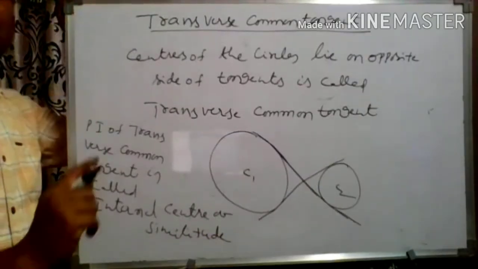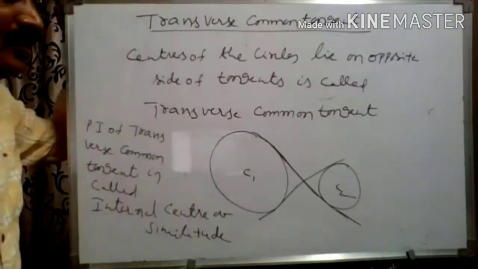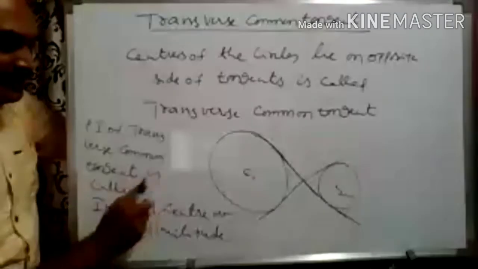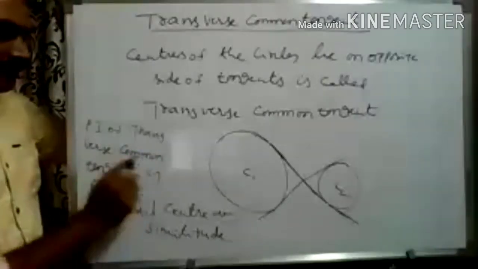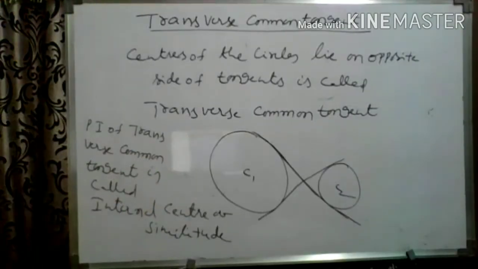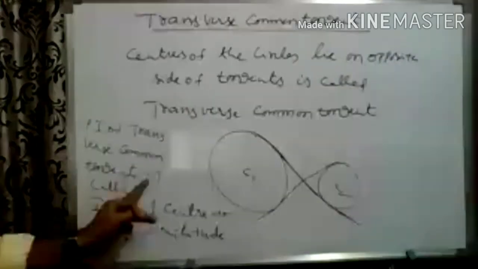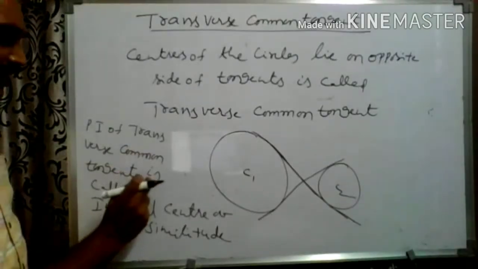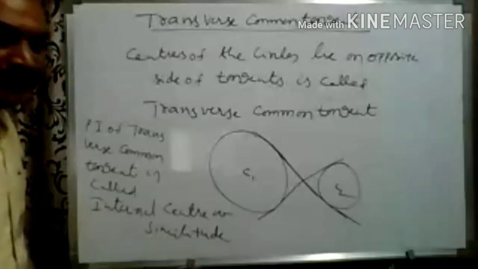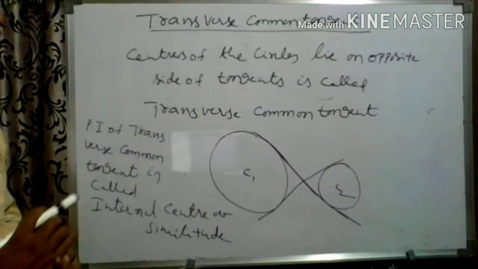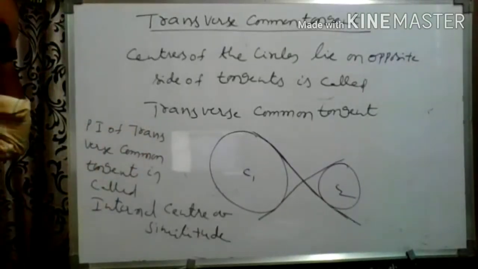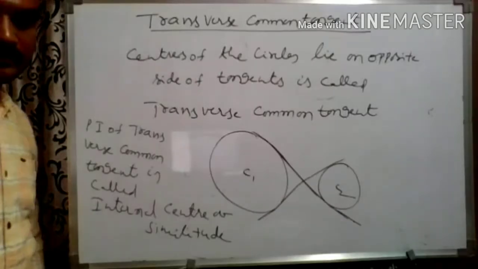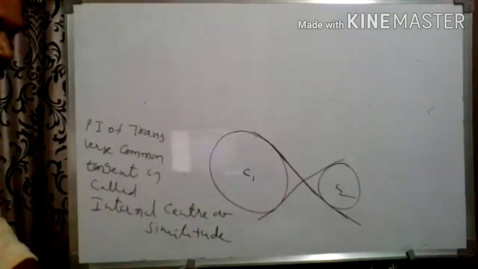You should write down: the point of intersection of the transverse common tangents is called the internal center of similitude.